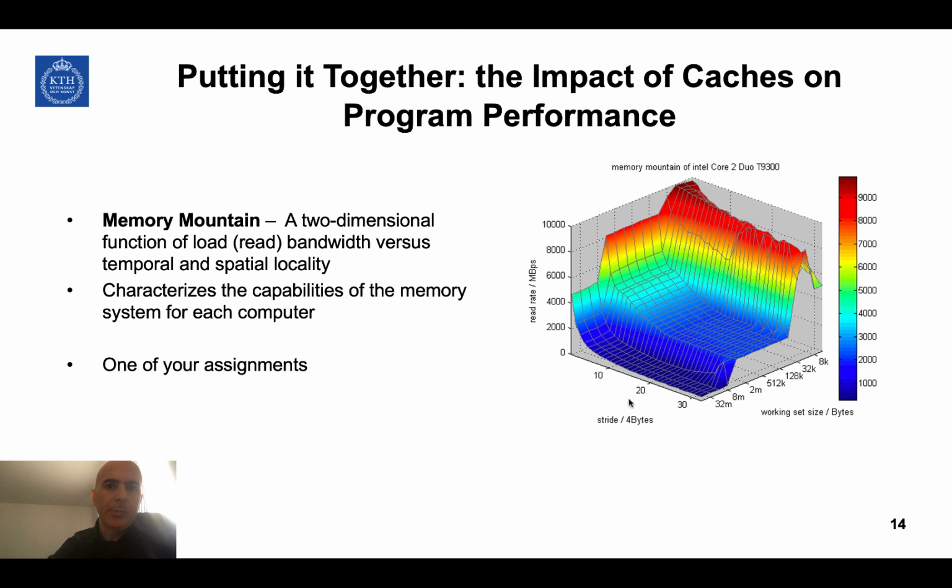And on the other axis, we have the stride with which our array is accessed. If the stride is 1, our array is accessed consecutively. If we have a stride that is not equal to 1, we will jump across different parts of the array. So this is going to be one of your assignments, and you will look at this in more detail.